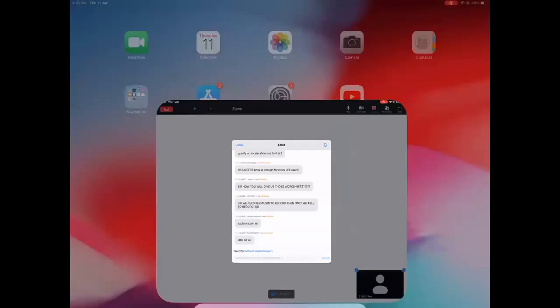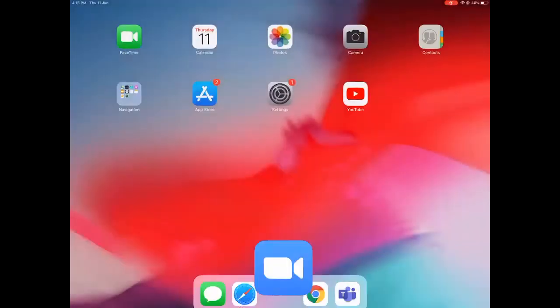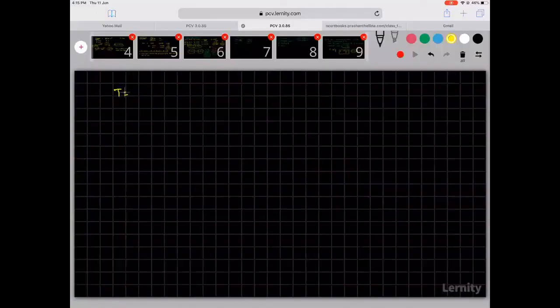I'll explain again. I said that time period T is equal to 2 pi root over of L by G. Now, the error in measurement of time period is 1%. The error in measurement of length is 2%.